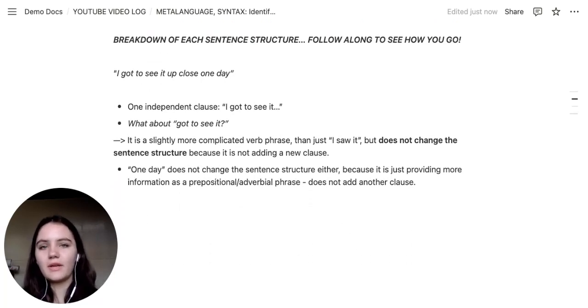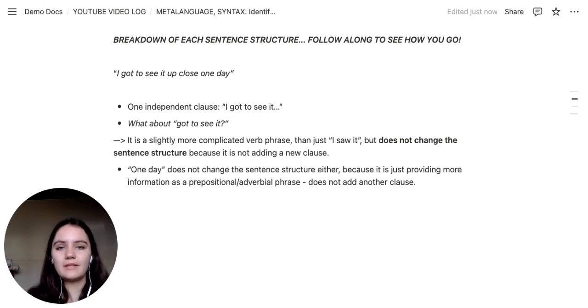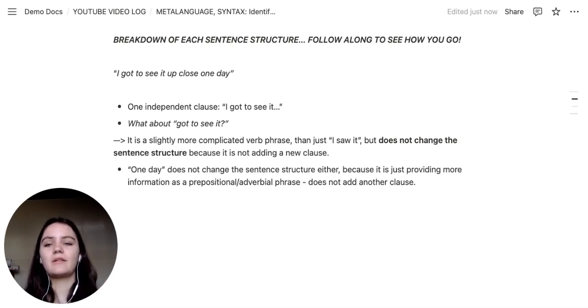Now, if you're thinking, okay, well, I know a lot of the time that for identifying clauses, I'm looking at the verbs, and I've got this kind of funky, scary verb thing, I got to see it. What does this tell me? How should I treat it? Well, the thing is that verbs and verb phrases act synonymously when we're thinking of our sentence structure.